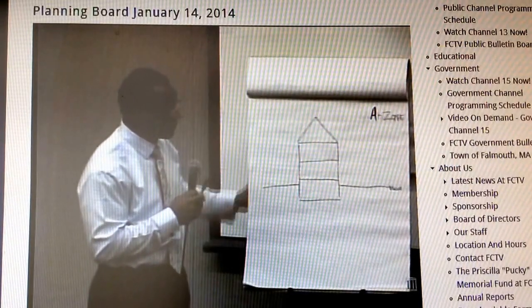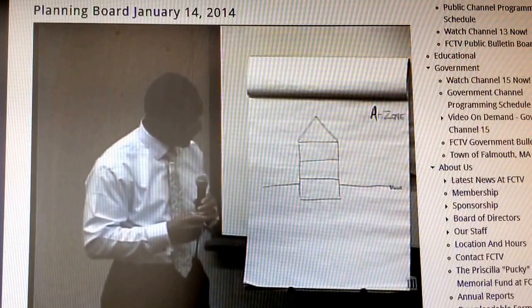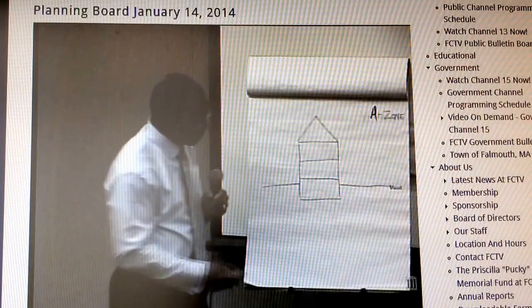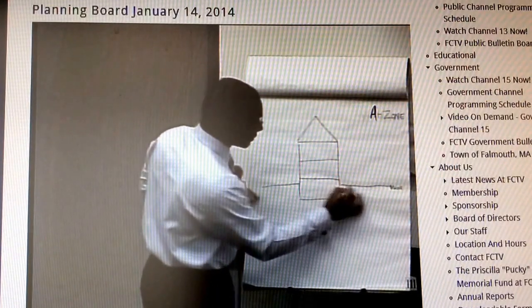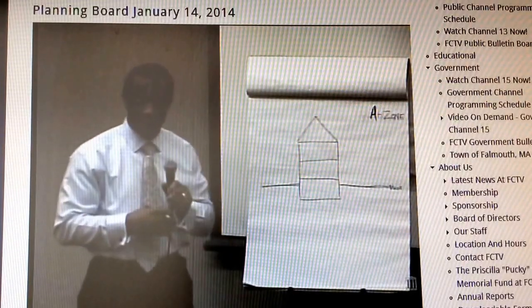So, an A zone, this is a typical house that's built in an A zone. This is the grade, the existing grade around the house.